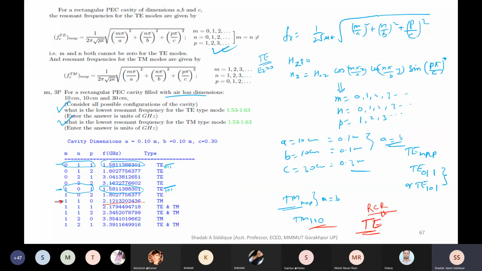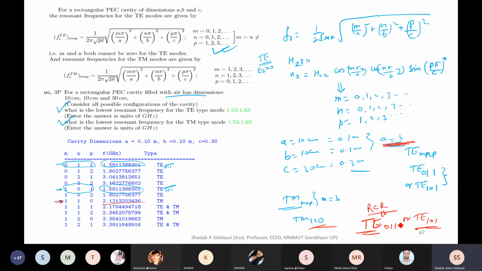And you might remember that for the rectangular waveguide, TE10 was the dominant mode, which we were discussing at the start of the class, for A greater than B. And here we had the condition A equal to B. That's why we are talking about TE011 or TE101.